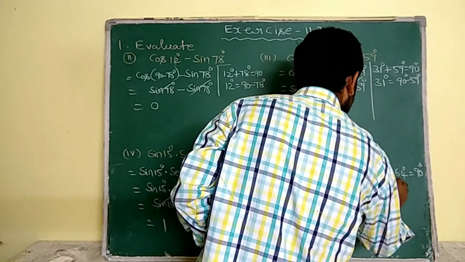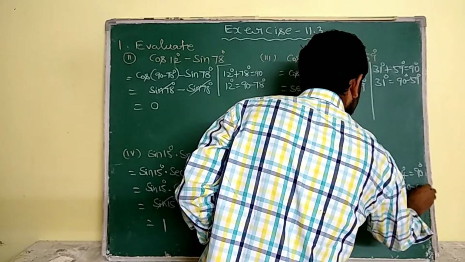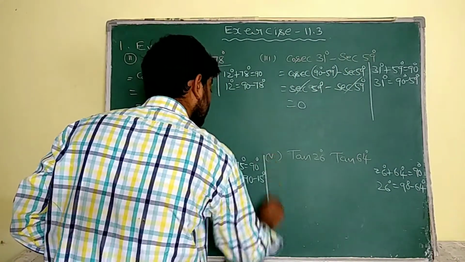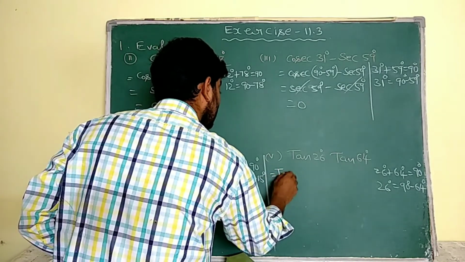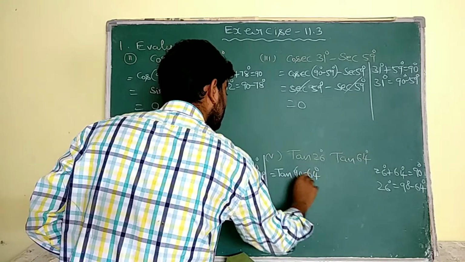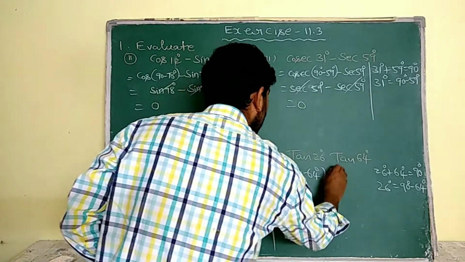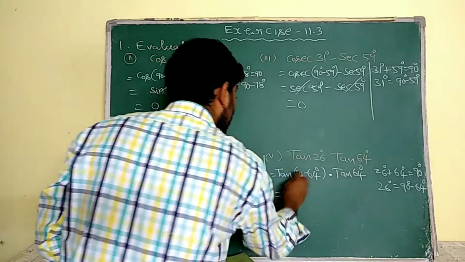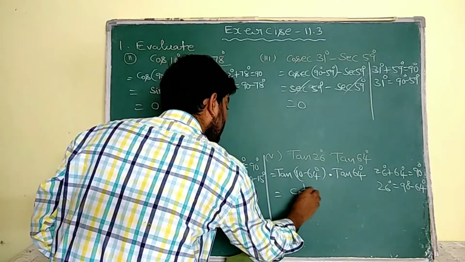Similarly, 26 degrees plus 64 degrees is equal to 90 degrees. So write 26 degrees is equal to 90 minus 64 degrees. Now express it: tan of 90 minus 64 degrees into tan 64 degrees. Now, tan 90 minus theta, we know that is cot theta.